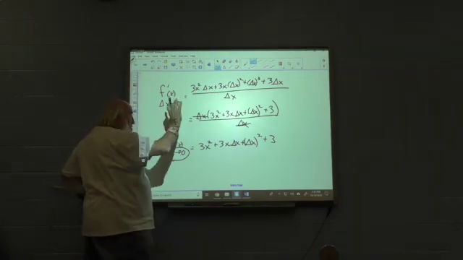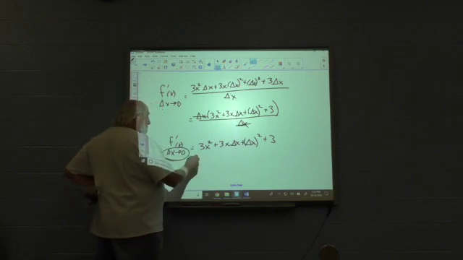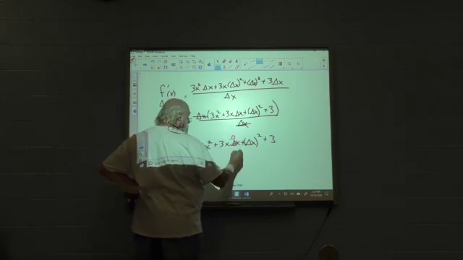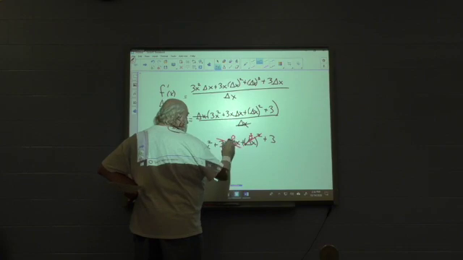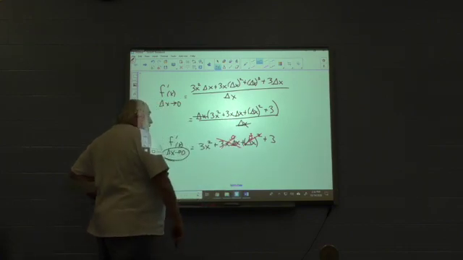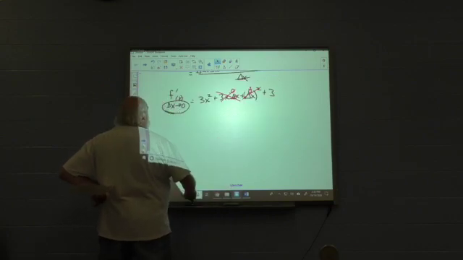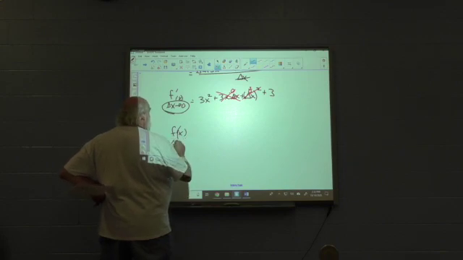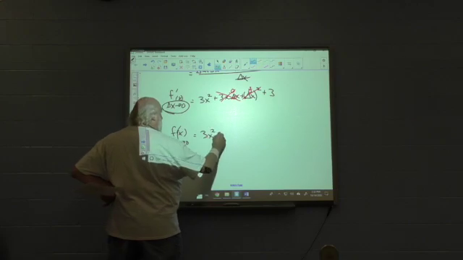Now that we've gotten rid of all of our denominators delta x, we start plugging in zeros for each of these. So that becomes times 0. That becomes 0 squared. These all add up to 0, so basically that's out. And so the slope then becomes, as delta x approaches 0, the equation 3x squared plus 3.